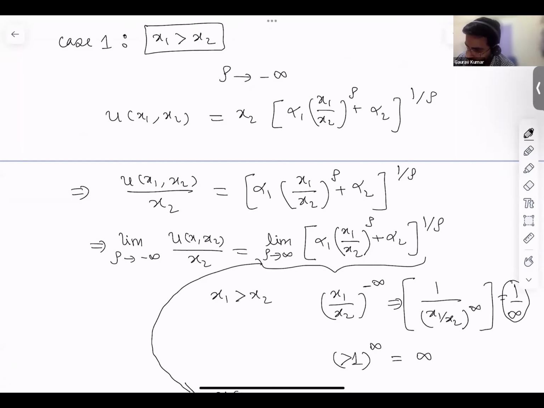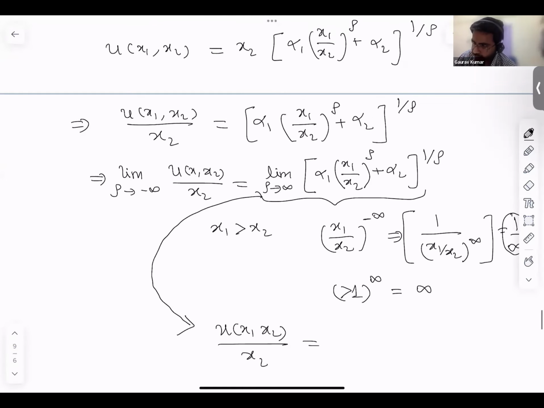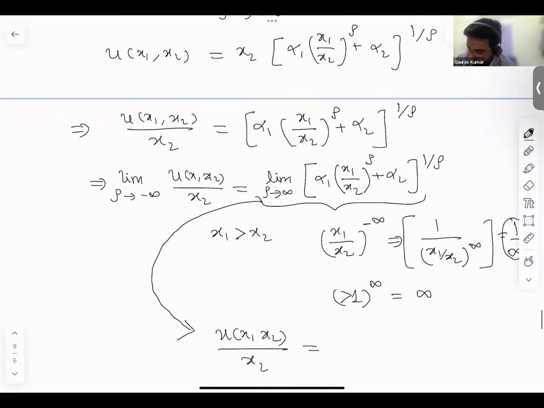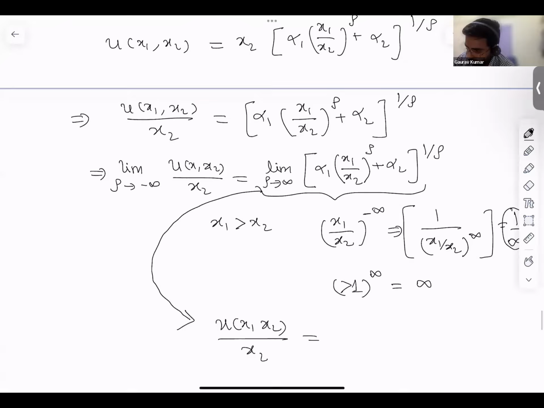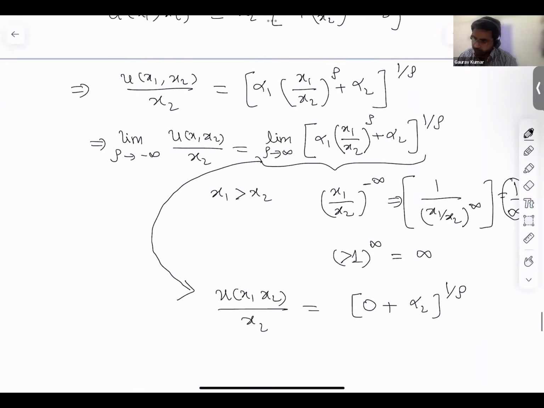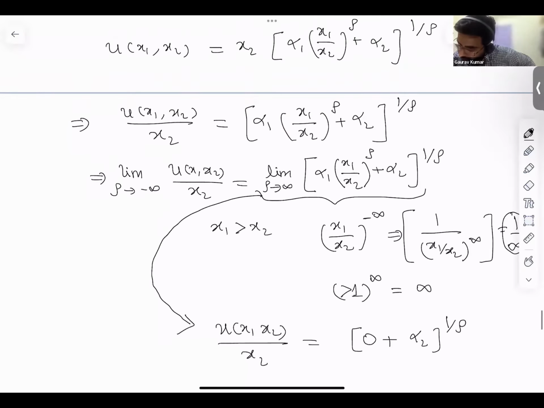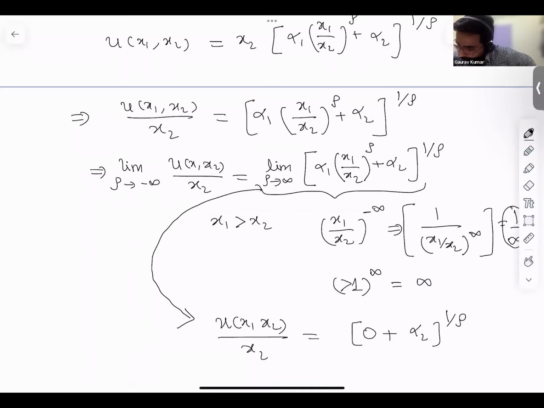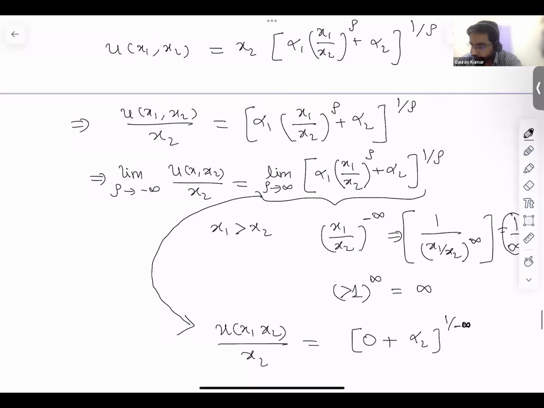So this term goes to 0, okay. So see here also it's 1 to the power minus infinity because rho is going to minus infinity.